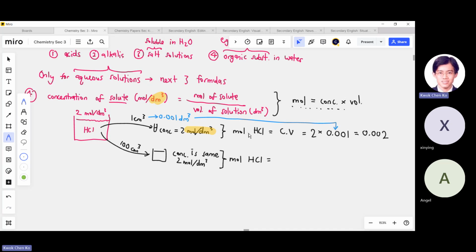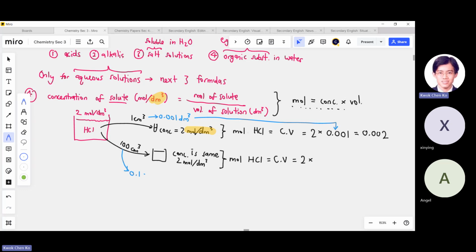Now, for the second example, same case, exactly the same formula, concentration and volume. Concentration is still the same, still 2. Check units, mole per dm cube. What's the volume? I use 100 cm cube. 100 cm cube is how many dm cube?